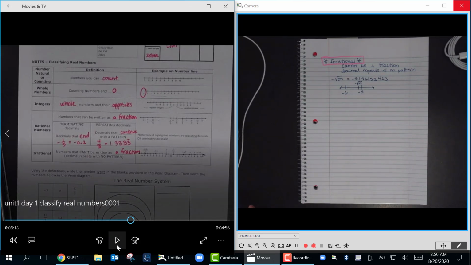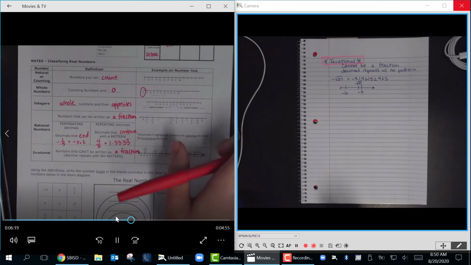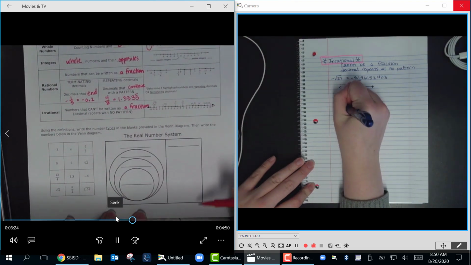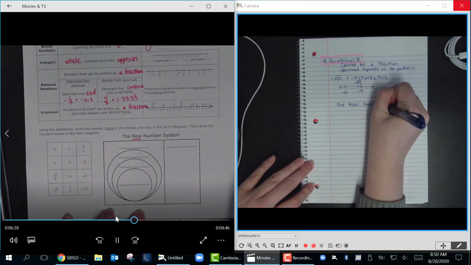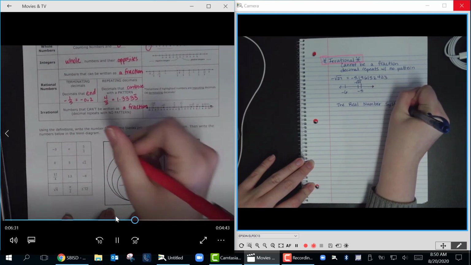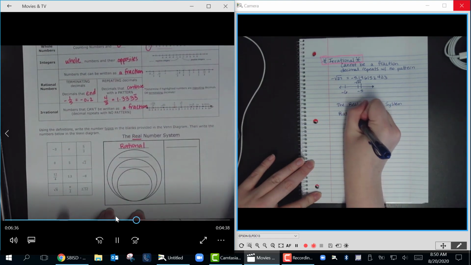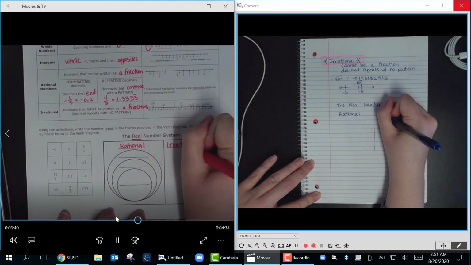Now, it says let's look at the Venn diagram next. You have all these numbers to choose from, and then you've got the Venn diagram. So focus on the Venn diagram. Don't worry about writing the numbers until you have the titles for the real number system. Everything that we include in this box will be a real number. Like you learned in 6th grade, you have rational numbers. And what we just talked about, if it's not rational, we would call it irrational.